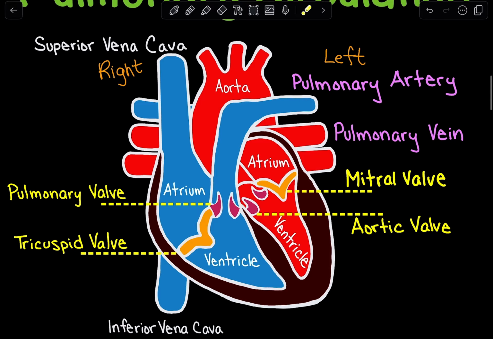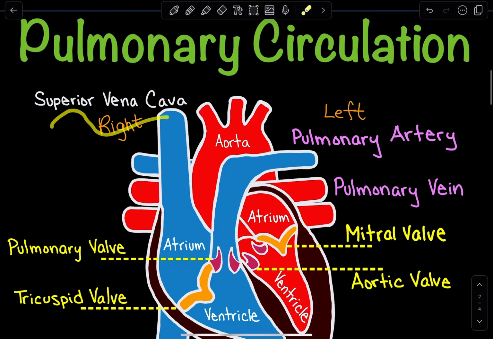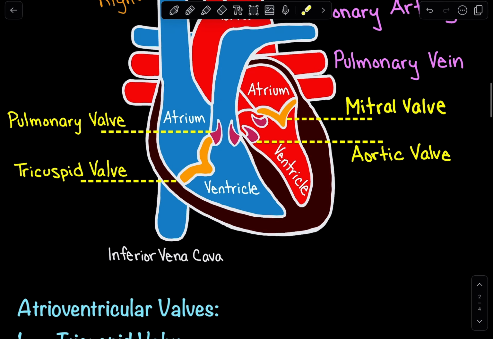Now, when we talk about pulmonary circulation, we begin our journey at either the superior or inferior vena cava. Remember that this is the right side of your heart, and this is the left side of your heart. The superior vena cava is essentially bringing deoxygenated blood from the superior portion of the body, and the inferior vena cava is bringing deoxygenated blood from the inferior portion of your body.